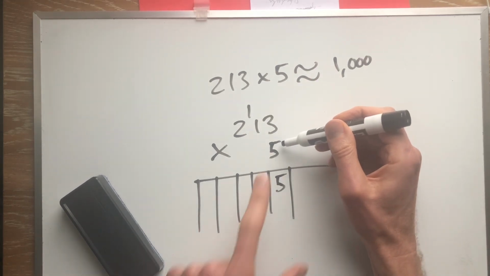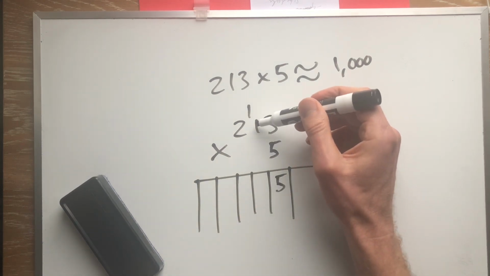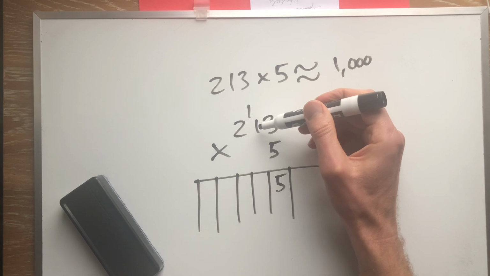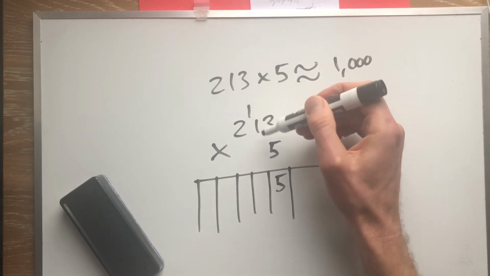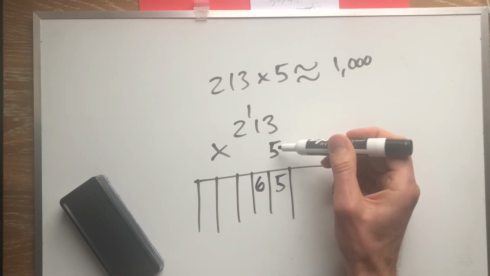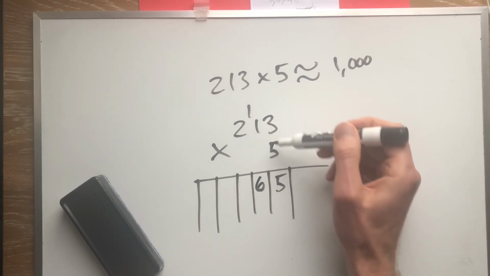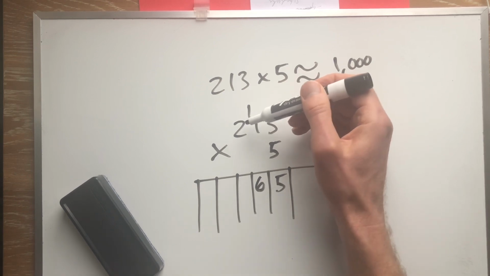Now we solve the ones times the tens. 5 times 1. Well, that's easy, 5. And then don't forget about the 1 up in the attic there. So 5 times 1 is 5 plus 1 is 6. And now we're ready for the last one. We already did the ones, we did the tens, now time for the hundreds. 5 times 2 is 10, right?